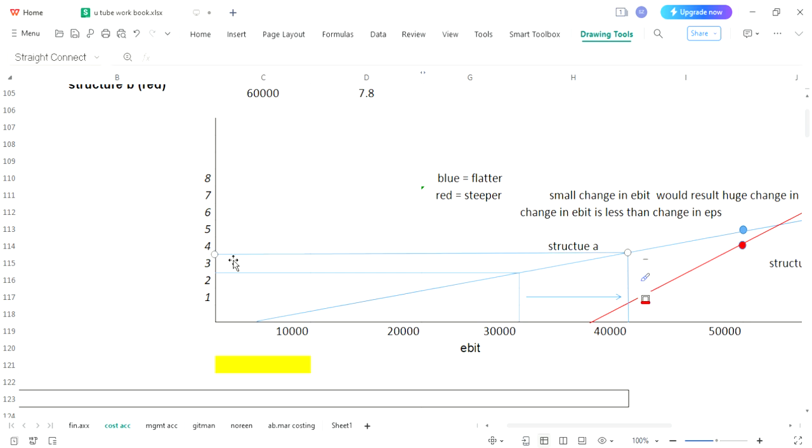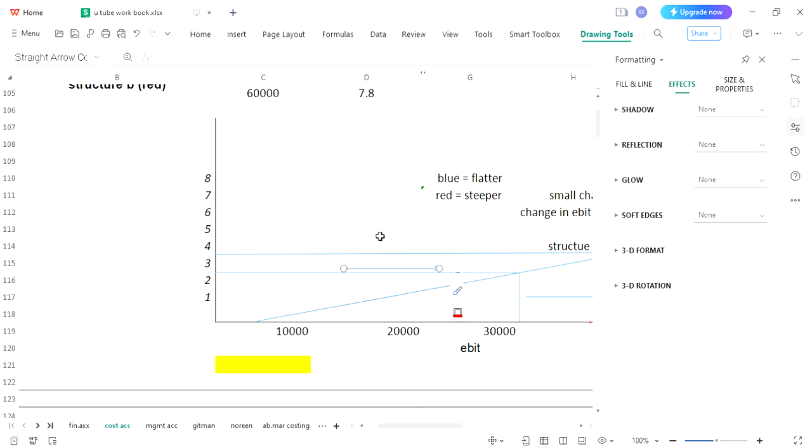So how much change has come, for which we will use this arrow to indicate. Take it over here, and I'm very sure that you will understand it now.